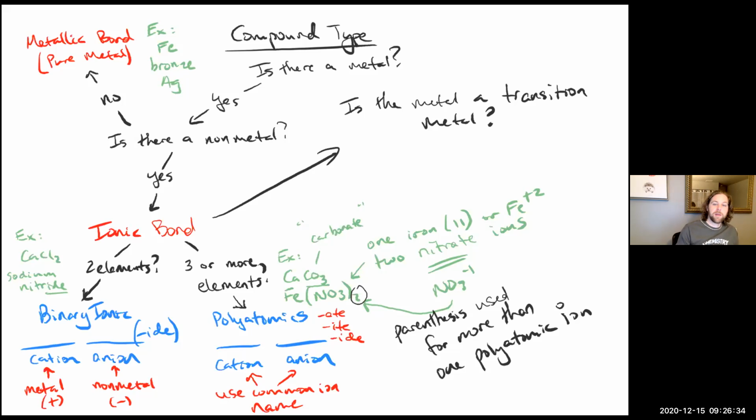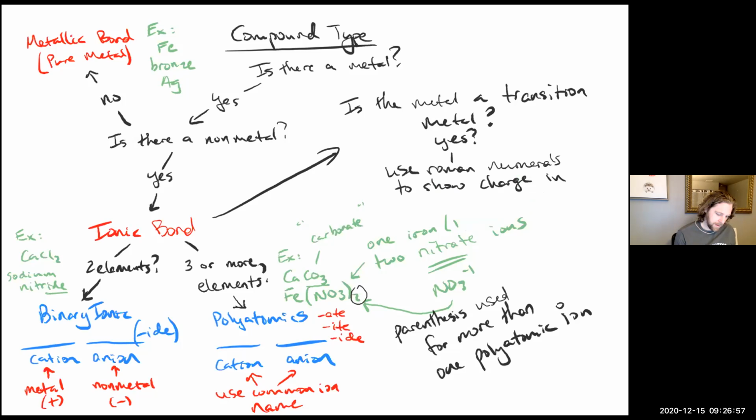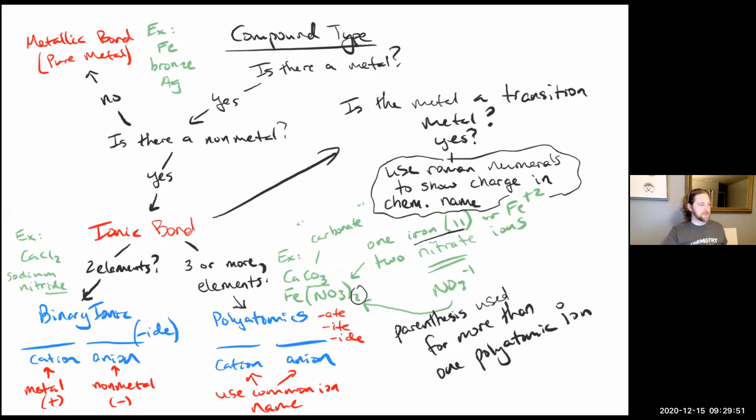And if it is, then we need to use Roman numerals to identify the charge. So if there is a metal somewhere in the compound, it's either metallic or ionic.